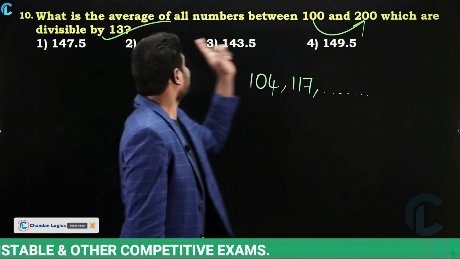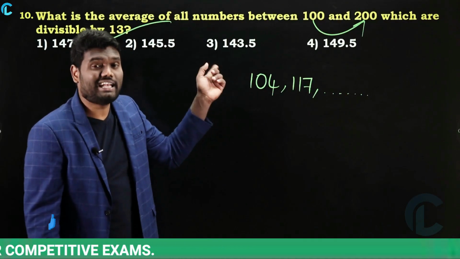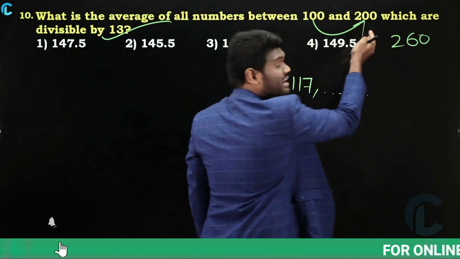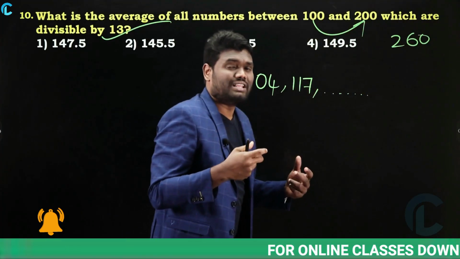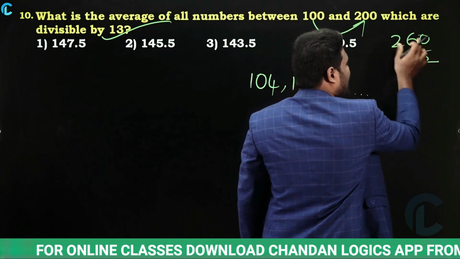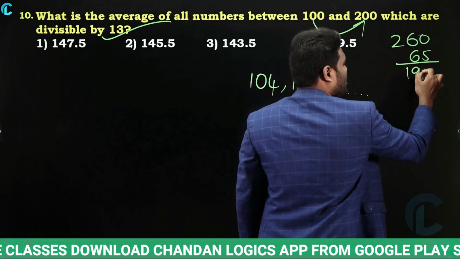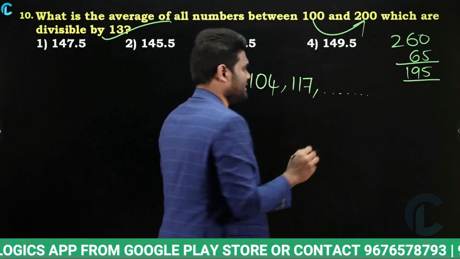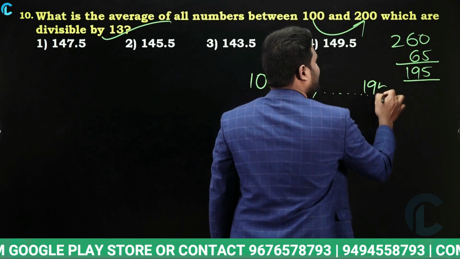Now 13 20 times is going to be 260, but I need a number less than 200. 13 5 times is nothing but 65. Now 260 minus 65 is nothing but 195, which means 195 is also divisible by 13.